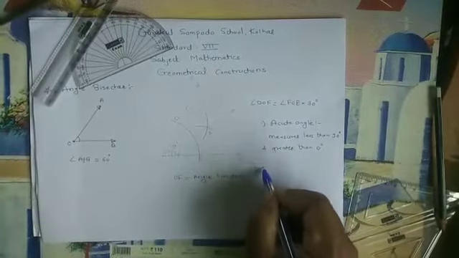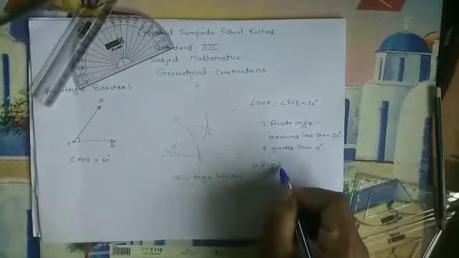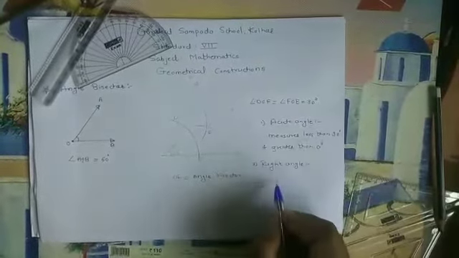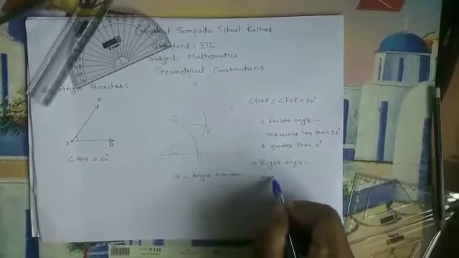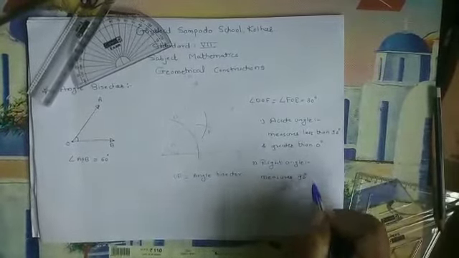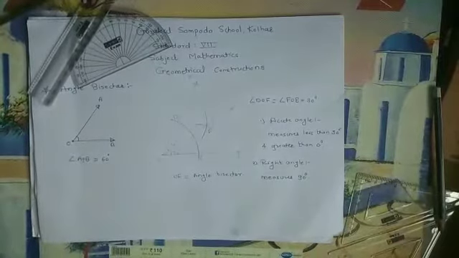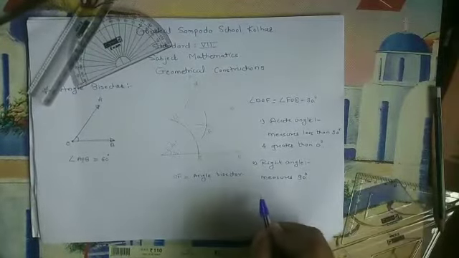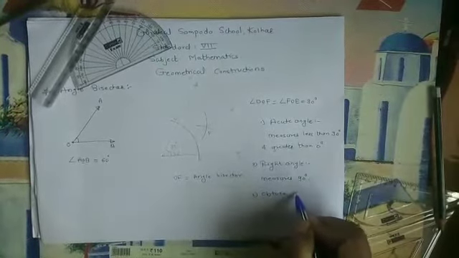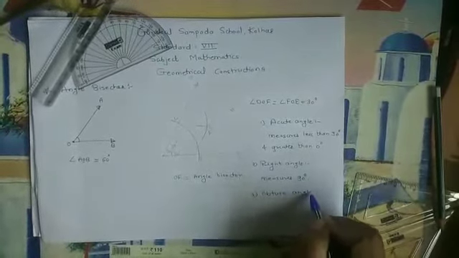The second angle is the right angle. What is meant by a right angle? An angle which measures 90 degrees. Right angle means the angle is of 90 degrees. And the third one is the obtuse angle.